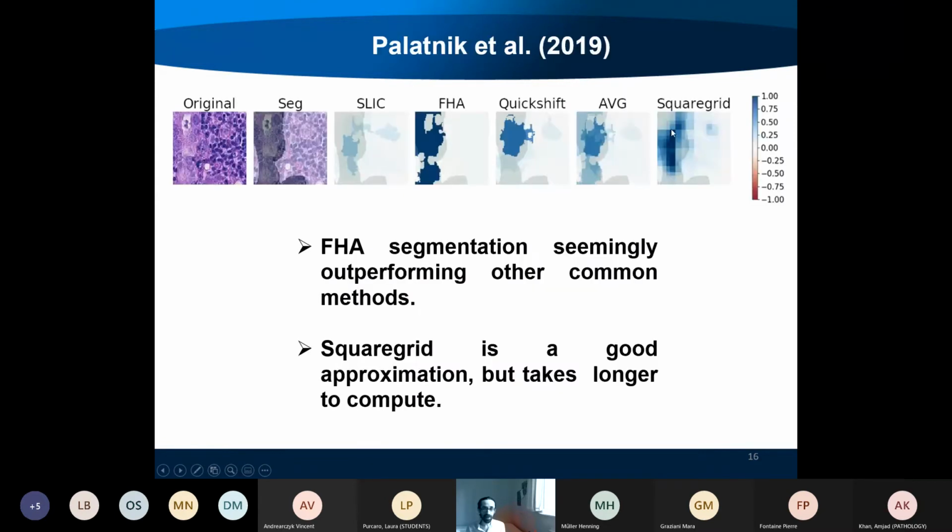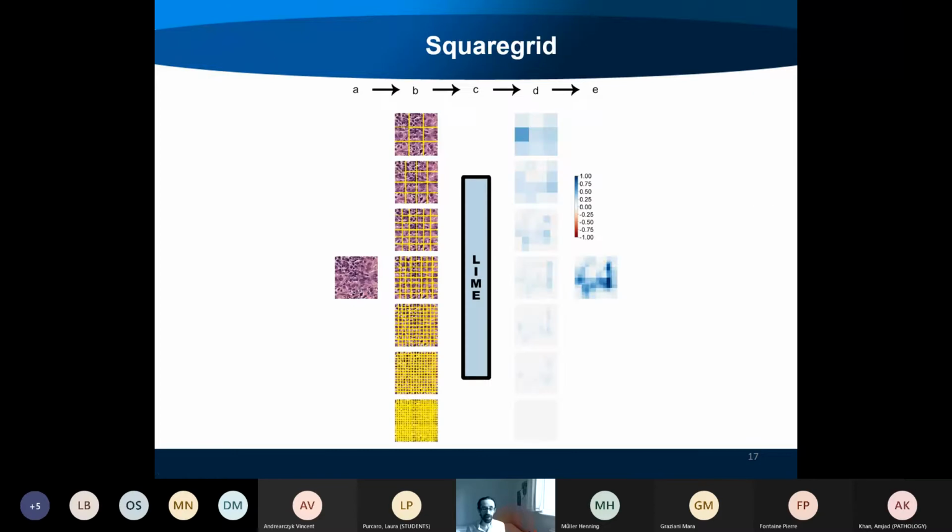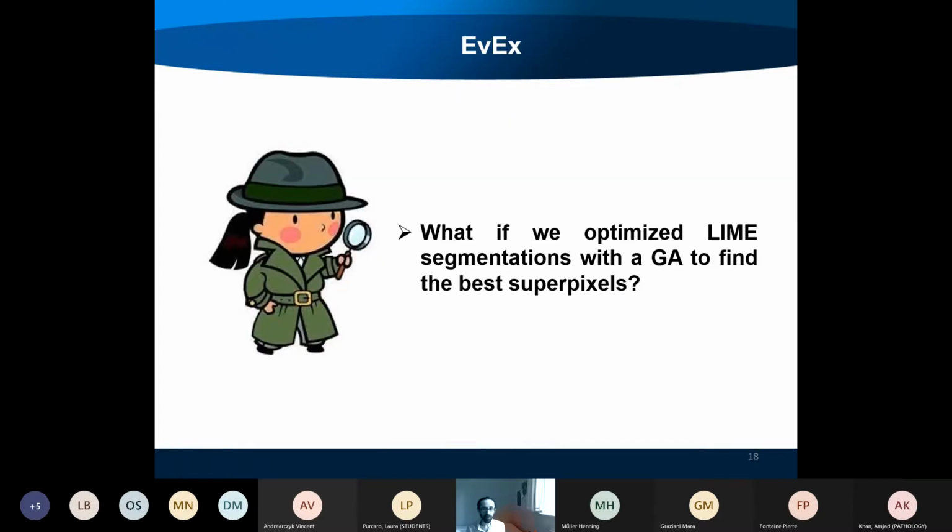And what we saw is that they seem to agree a lot with the other more sophisticated segmentation algorithms, right? So that was an option that we were keeping in mind. But what if there was a way for us to not be manually and arbitrarily fine-tuning these parameters?